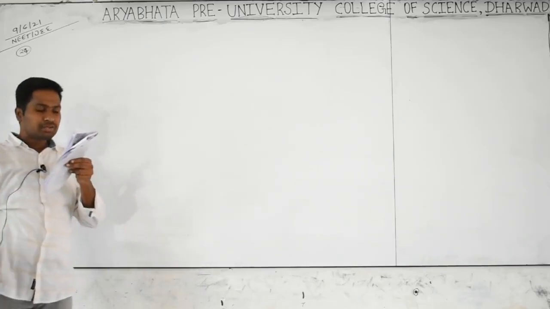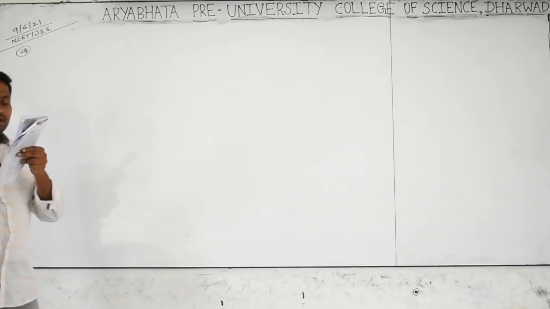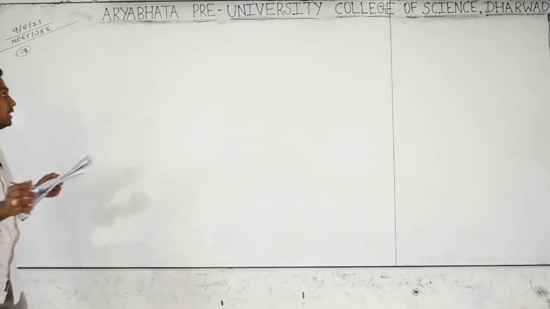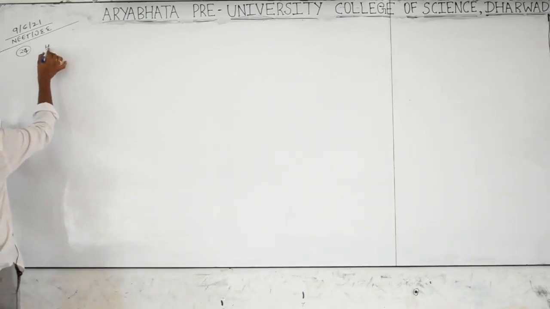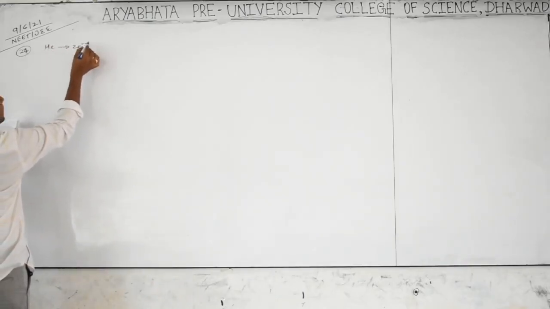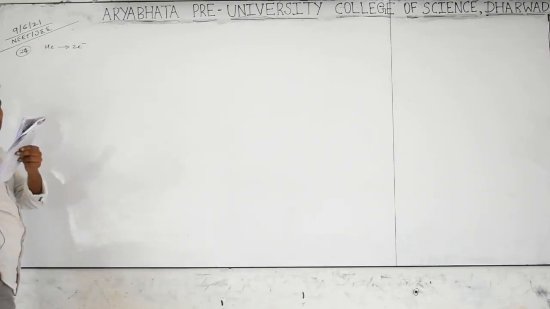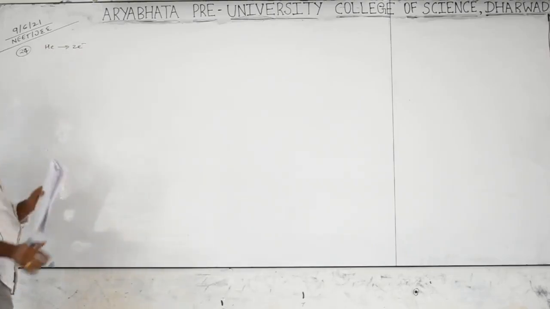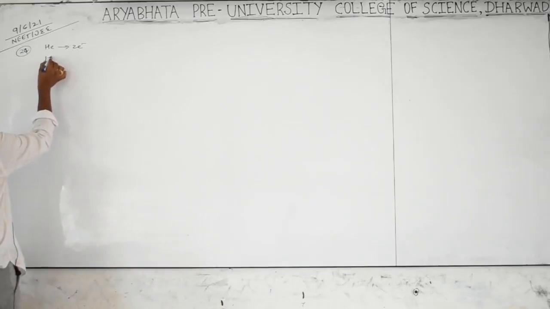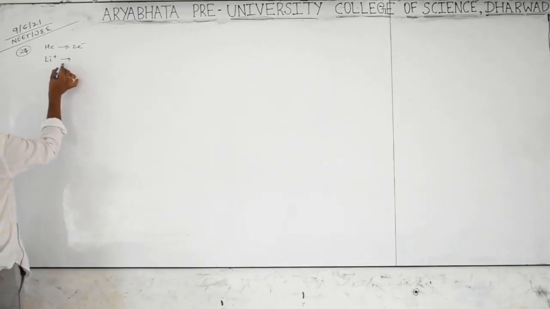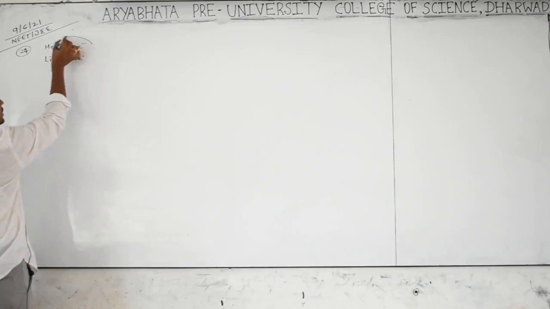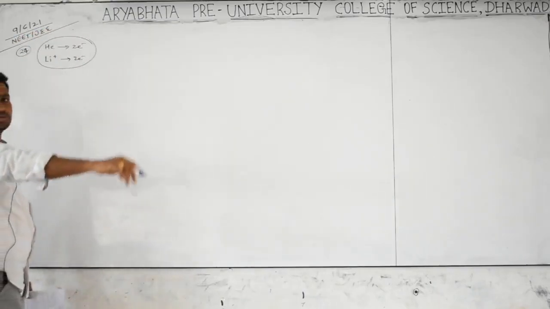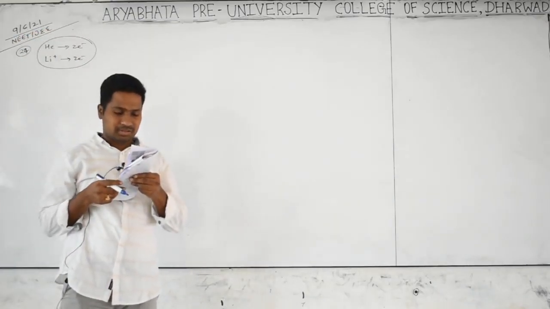Check which particle has the same number of electrons as helium. Helium contains 2 electrons. Li plus means lithium with 3 electrons lost 1 electron, so it also has 2 electrons, the same number of electrons, so we get the same type of spectrum.